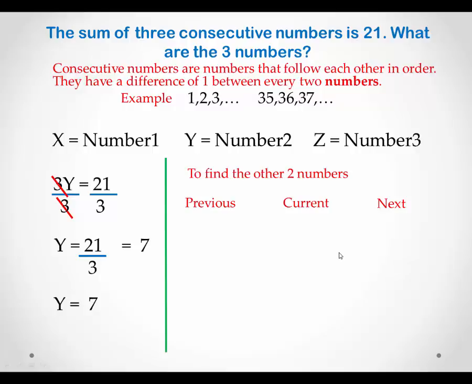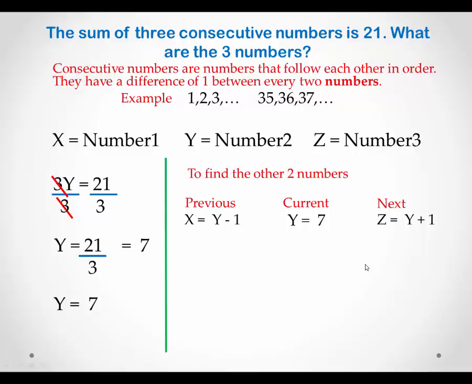The current number is the variable y equals 7, and this is the reason why we used y in the equation, because we want it to be the current number in the sequence. The previous variable will be x equals y minus 1, and the next variable will be z equals y plus 1.